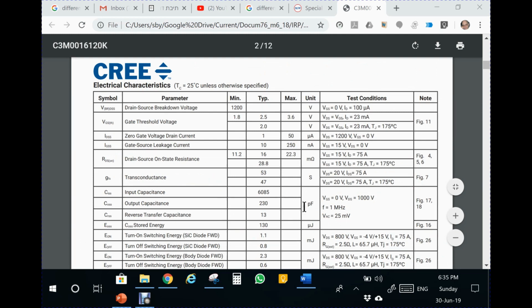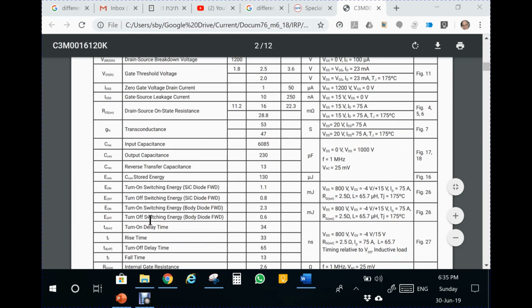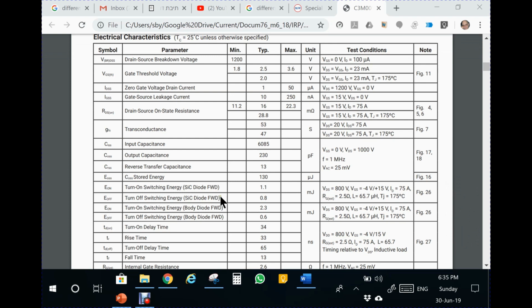numbers here. Okay, so now we understand a little bit better what all this means. So we have here now turn on switching energy, silicon diode in the forward. This is the upper diode, and it is 1.1 millijoule.